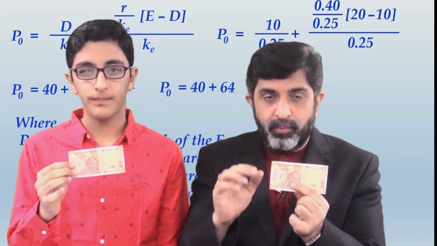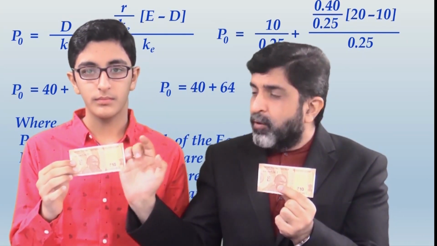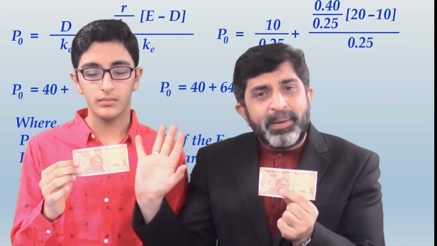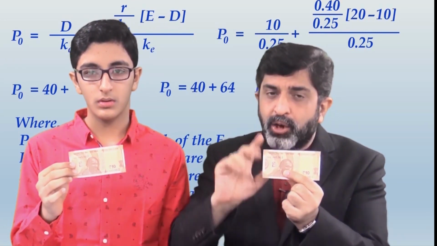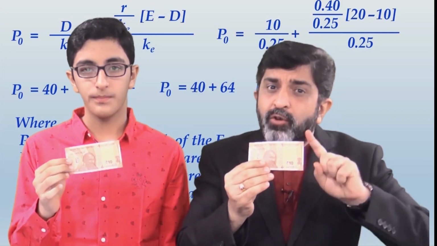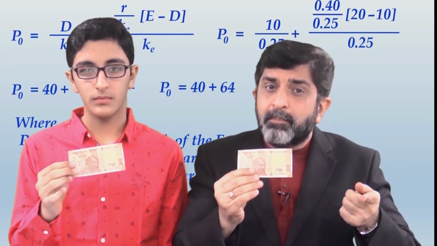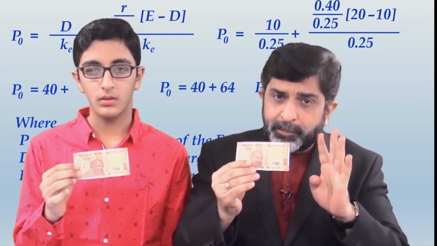Now, this money is shareholders' money in his own hands. For him, it is rupees 10 as it is. This is shareholders' money in the company's hand. Please visualize this point very well. This 10 rupee will be reinvested by the company on behalf of the shareholder at a return of 40%.